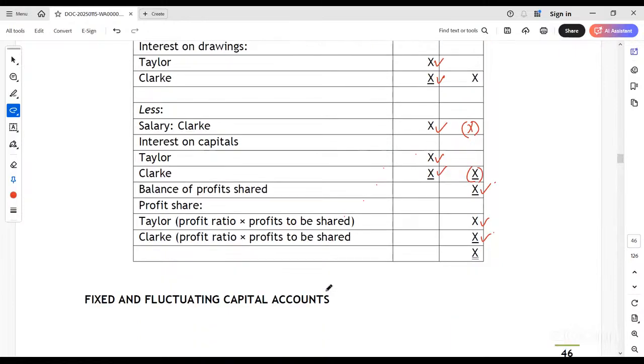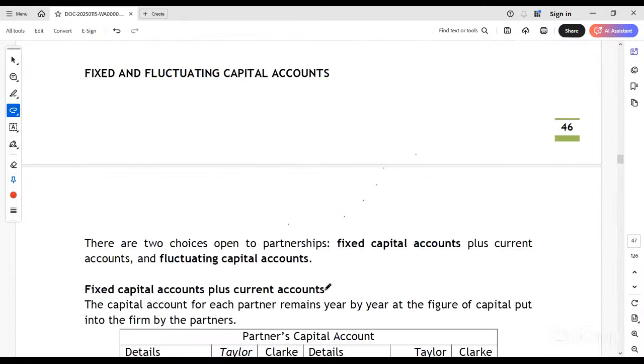Okay, now from there is something which we need to look at. That is the fixed and the fluctuating capital accounts. The partners have to prepare what we call capital accounts. But we have two types of capital accounts.